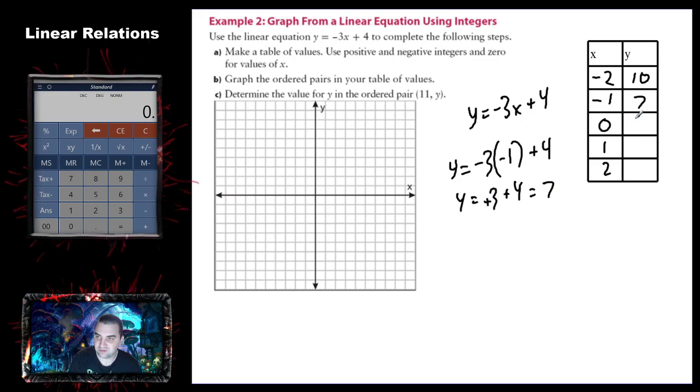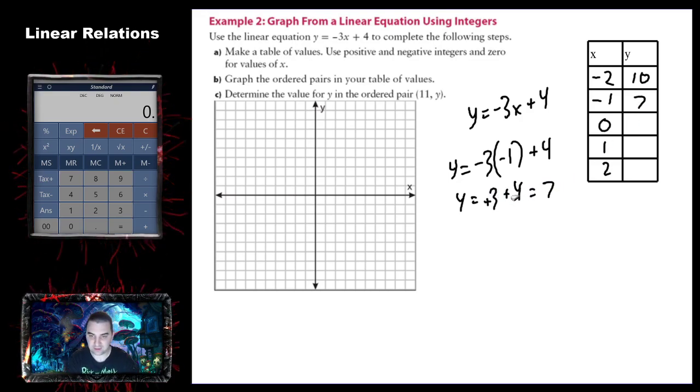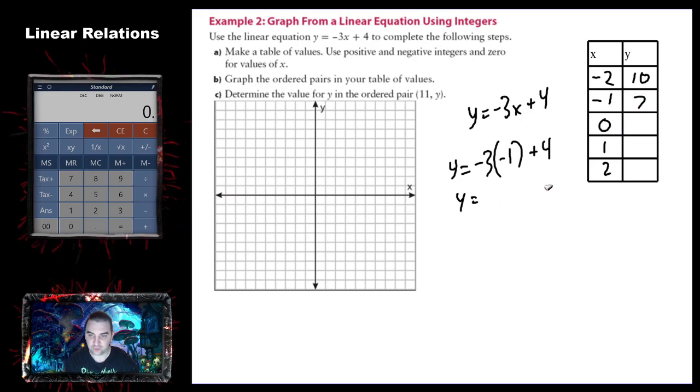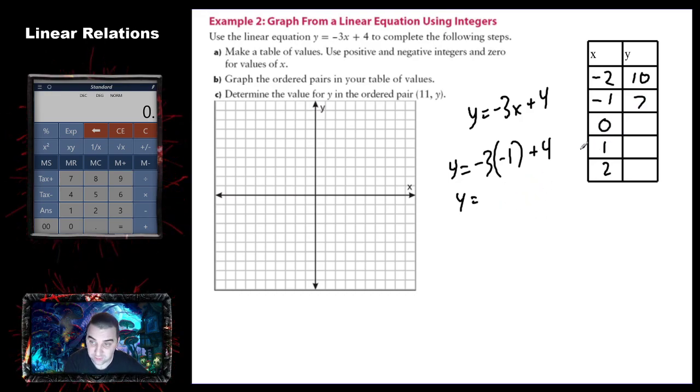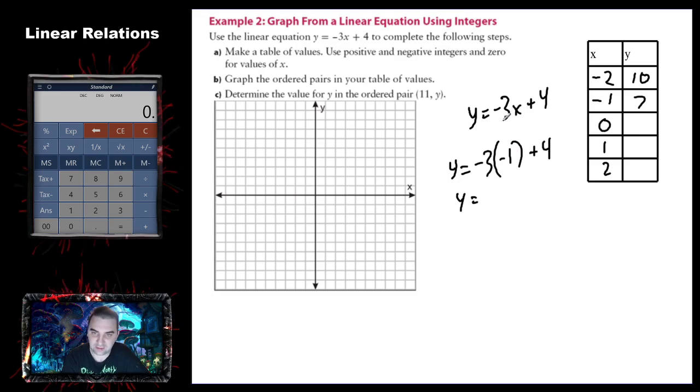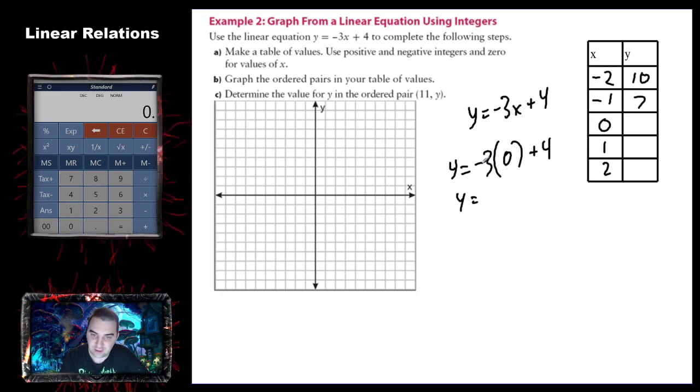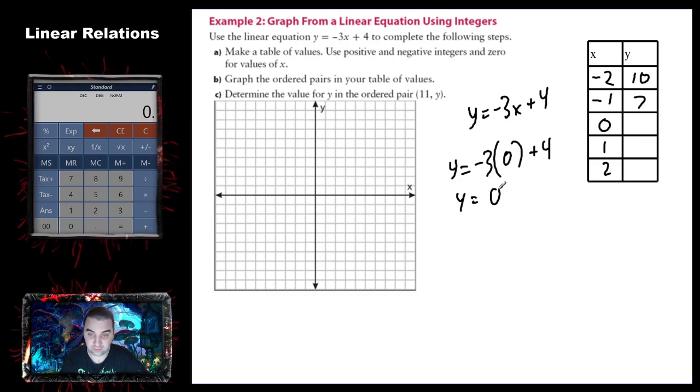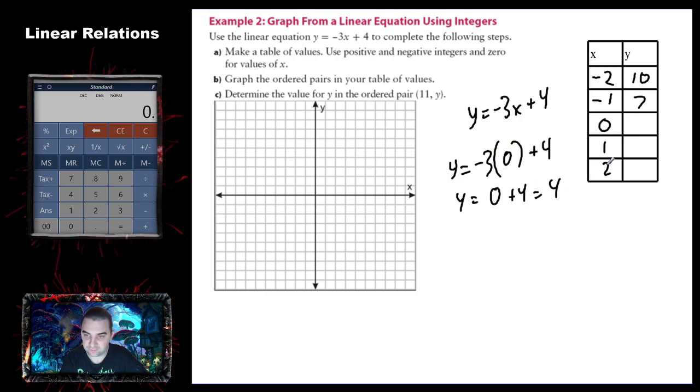Okay, so I've got 7. I like this one better. One of the reasons I like doing 0, and especially 1, is that it works out really nicely. If I throw a 0 in here instead for x, I get -3 times 0 is just 0. So I get 0 plus 4, well, that's just 4. Okay, let's try 1.